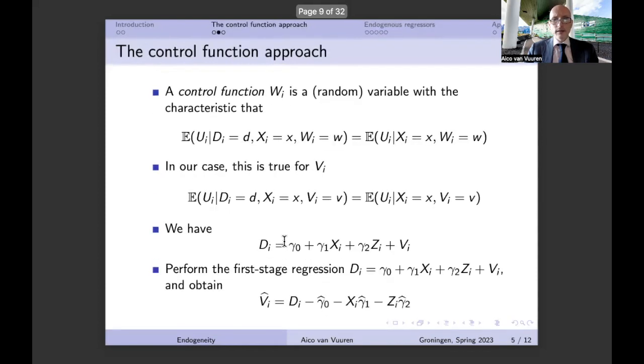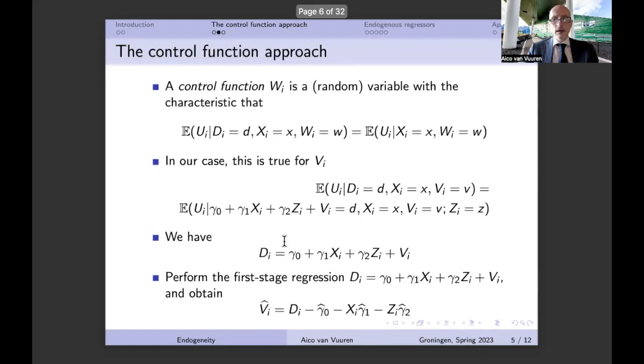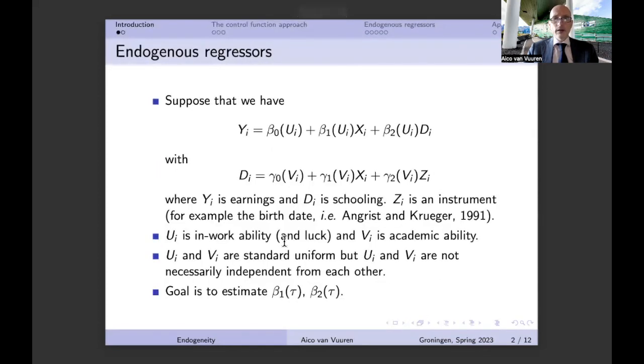To understand that, it is best to go back to the slide we had. Remember that the main problem in estimating this regression equation with standard quantile regression analysis is that there is correlation or dependence between ui and di.